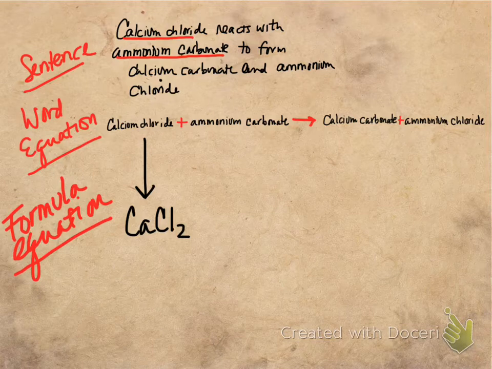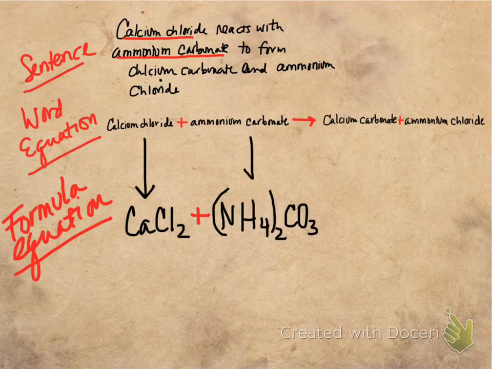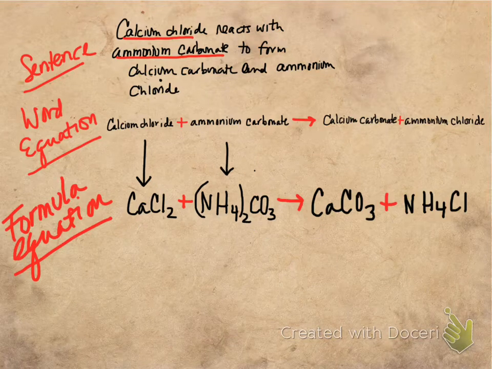Calcium chloride becomes CaCl2. Ammonium carbonate becomes (NH4)2CO3. Calcium carbonate becomes CaCO3, and ammonium chloride becomes NH4Cl. That's a formula equation. You will notice that it is not balanced. We haven't balanced this equation.